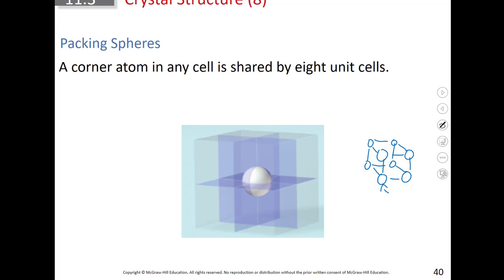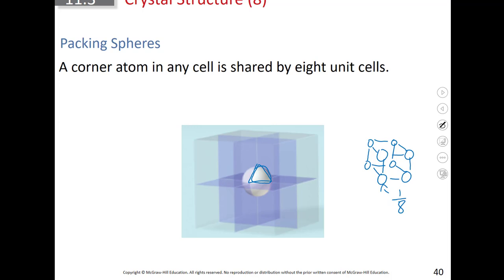So that means if I'm looking just inside one here, just this little piece, what fractional amount of that atom is inside of the unit cell? If each corner atom is shared between 8 cells, each cell gets what fraction of it? 1/8. So each corner atom is only going to have 1/8 of its mass inside of any given unit cell.